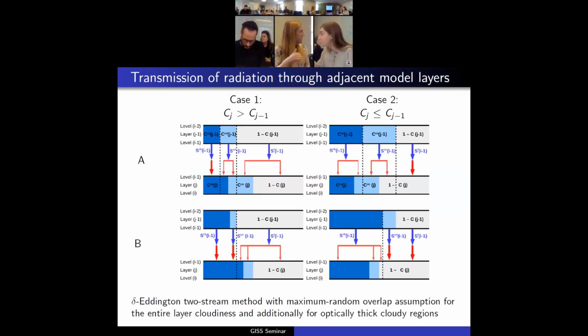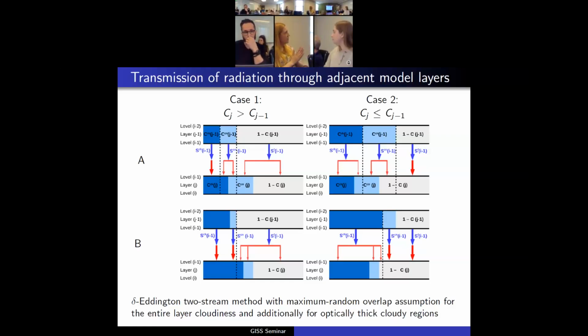And now we can couple radiation into this triple cloud model. This scheme shows the transmission of radiation through two adjacent model layers with different cloud fraction. You see, I had to distinguish between four different geometries, four different cloud arrangements. I have case 1 and case 2, depending on whether the cloud fraction in the layer above is larger than in the layer below.